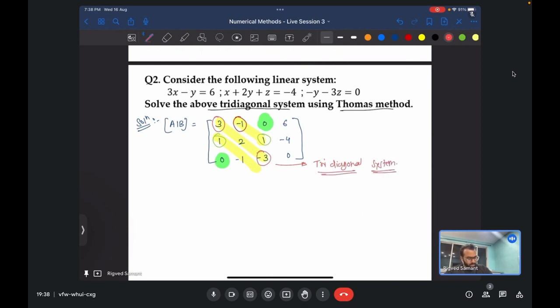In this system we use the Thomas algorithm, which is nothing but a modified Gauss elimination, which reduces your computation cost. What we will do first, like Gauss Jordan, is make the pivot element 1.